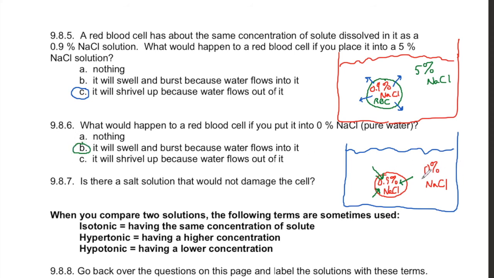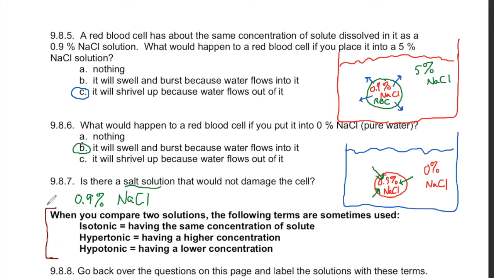So this is why an IV drip should not be just plain water. If we were going to have an IV solution, or a solution in our test tube that we wanted to store some red blood cells in without killing them, we should get something that is 0.9% sodium chloride or equivalent to that as far as the concentration of particles.